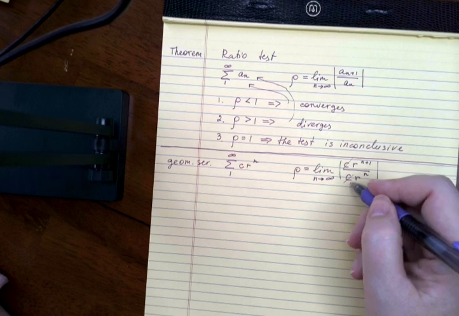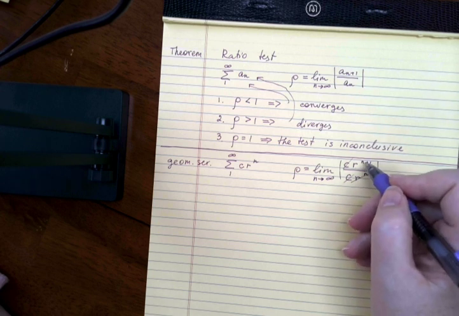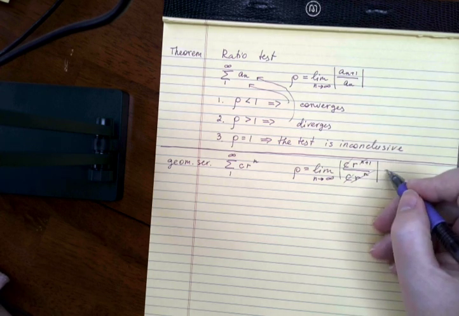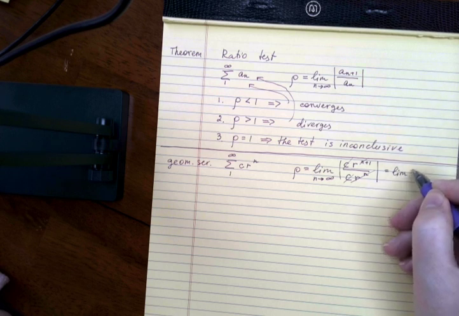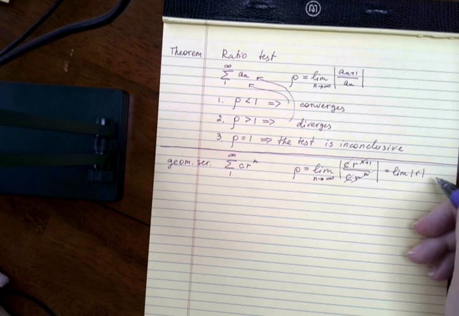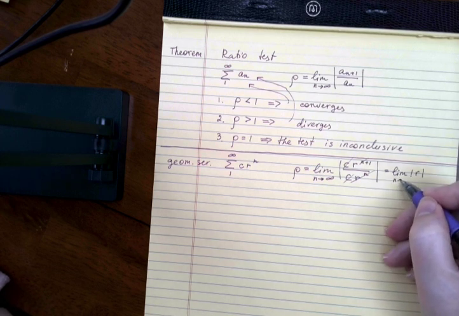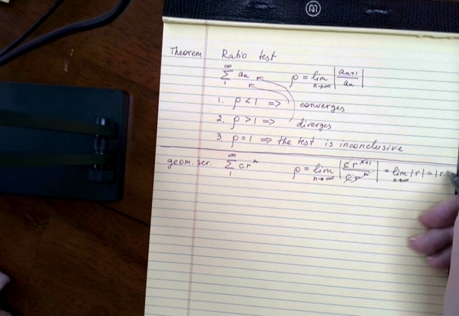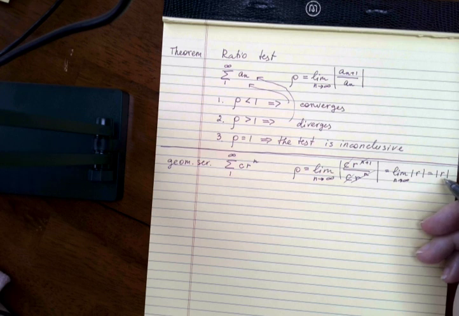C cancels out, r to the nth cancels out, and what I have is only the limit of r that does not depend on n. So what I get is just the absolute value of r, where r is the common ratio.